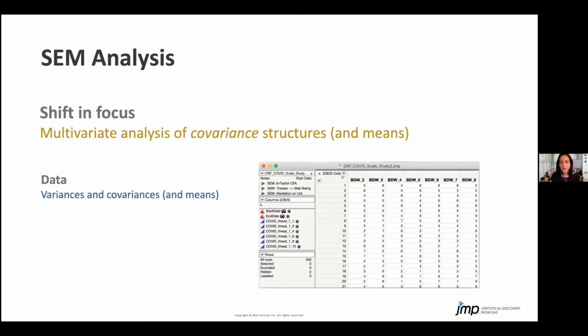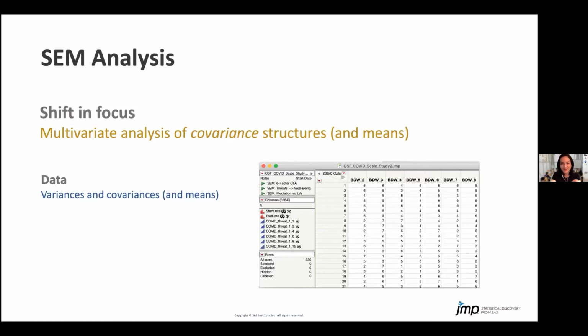And so to give you an example, here I have a data table, and this is usually how we have our data, right? We have columns to represent variables, and each row here represents an observation. And that's great. This screenshot happens to be of JMP, and I could use that data table to launch and run an SEM analysis. It's not a problem.